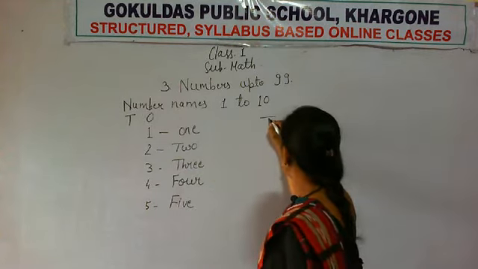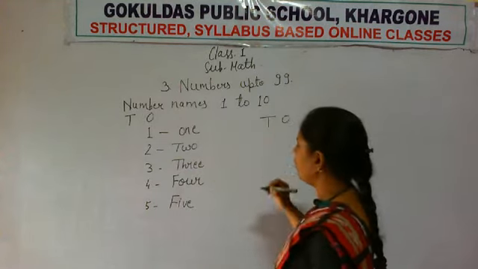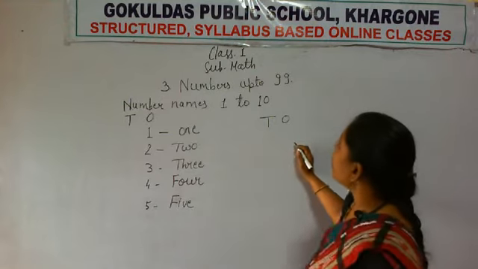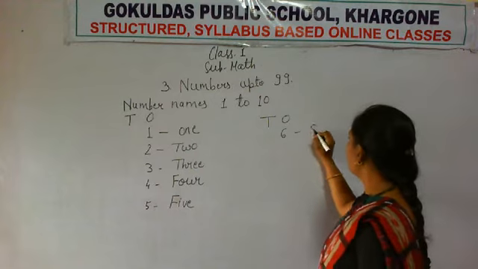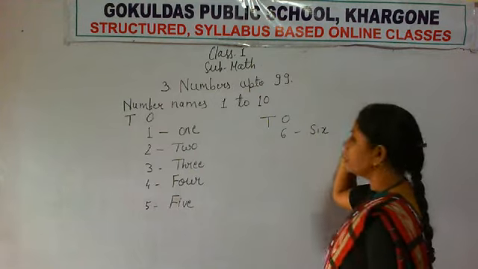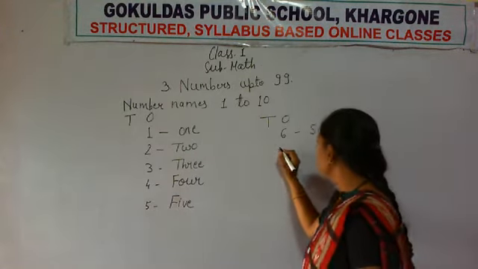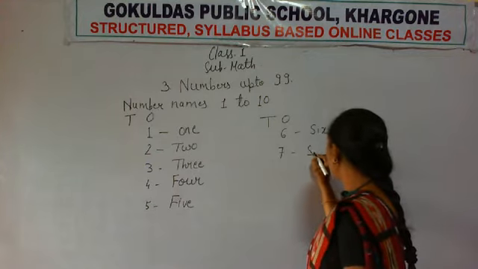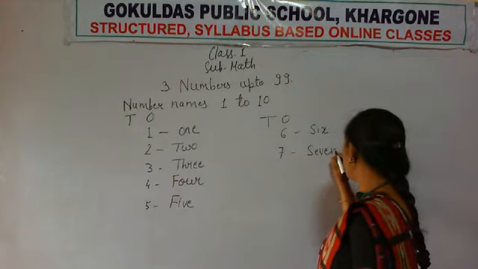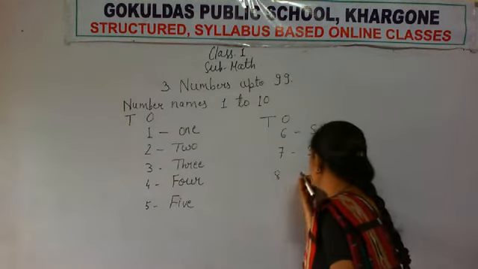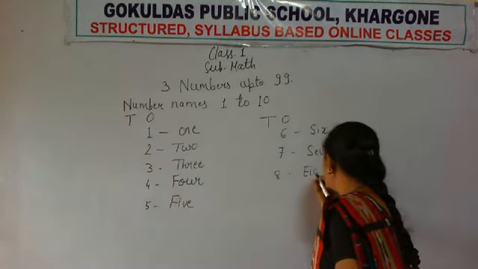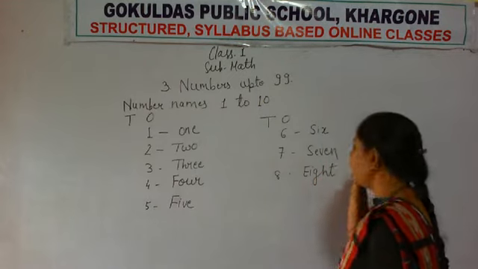Okay, now you continue from the same. I am writing here ones and tens. F-I-V-E, 5 we have written. Now next is 6. What is the spelling of 6? S-I-X, 6. Next, 7. S-E-V-E-N, 7. Next, 8. E-I-G-H-T, 8.